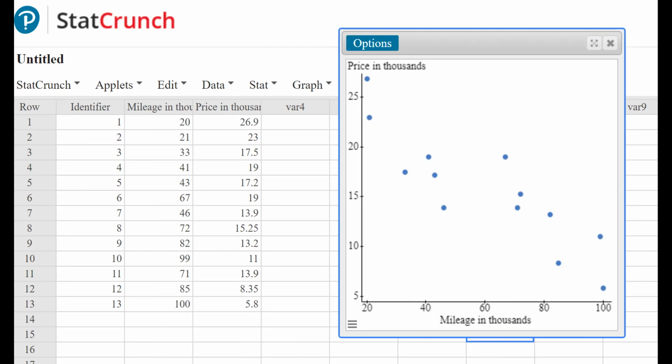In other words, do our data points line up perfectly, or are they all over the place? We're going to look at all of that later. For now, I just want you to know what a scatter plot is. So we graphed our mileage in thousands on the x-axis, and the corresponding price in thousands on the y-axis.